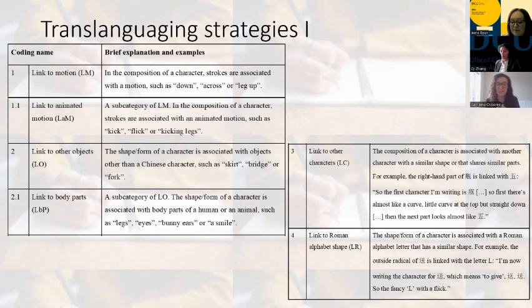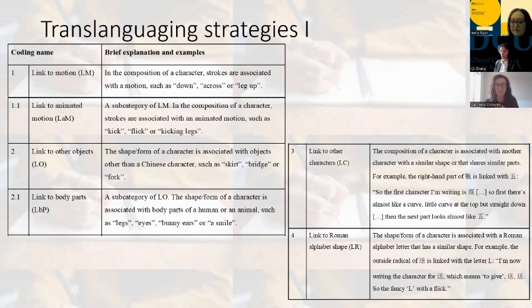So the first character I'm writing is ping. So first there's almost like a little curve at the top, but straight down, and the gaps when they're writing. Then the next part looks almost like wu. So they're being reminded of what the character looks like. The final category, number 4, then, is linked to Roman alphabet shape. So again, it's linking to something that they are familiar with, but this time in terms of letters.